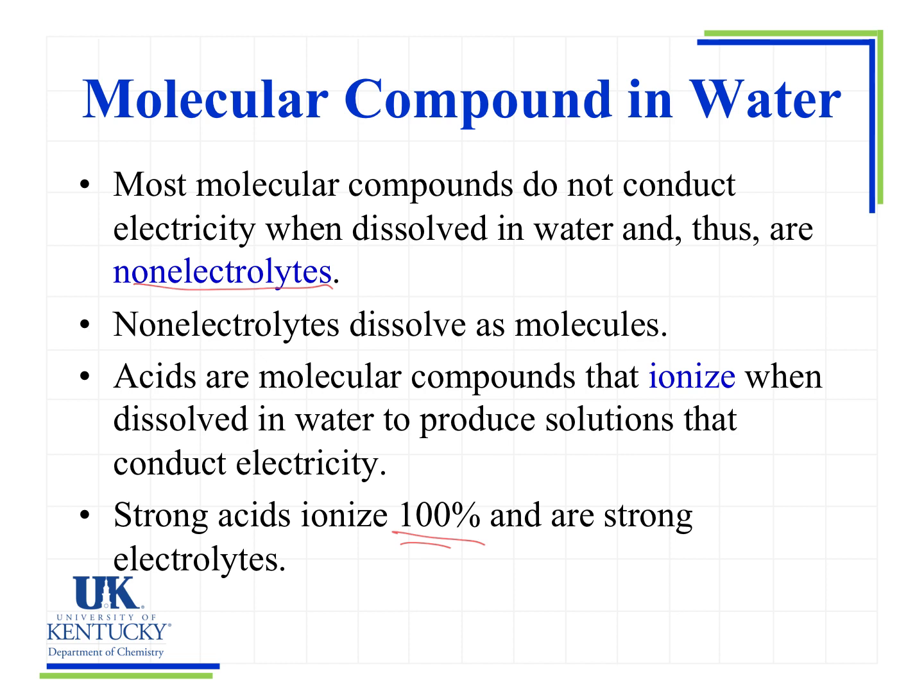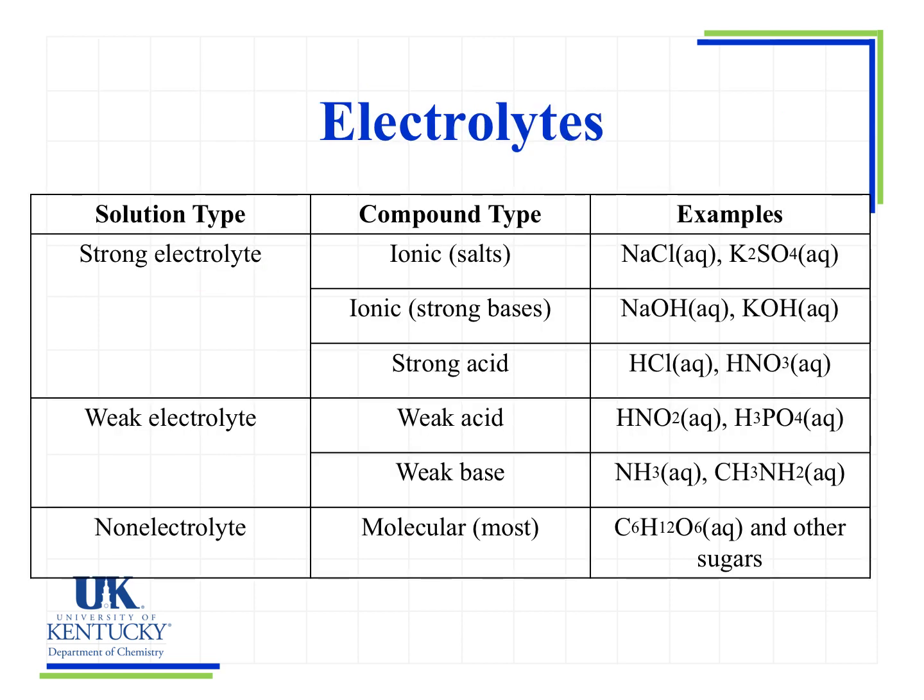So to sum up the electrolytes, we have this table in the next slide. For the solution type, what do we have for strong electrolytes? If we have an ionic compound that 100% ionizes in the solution, that's a strong electrolyte. If we have a salt, or a strong base, and we will talk about acids and bases in the next sessions, strong acids and bases are strong electrolytes, and these are the examples.